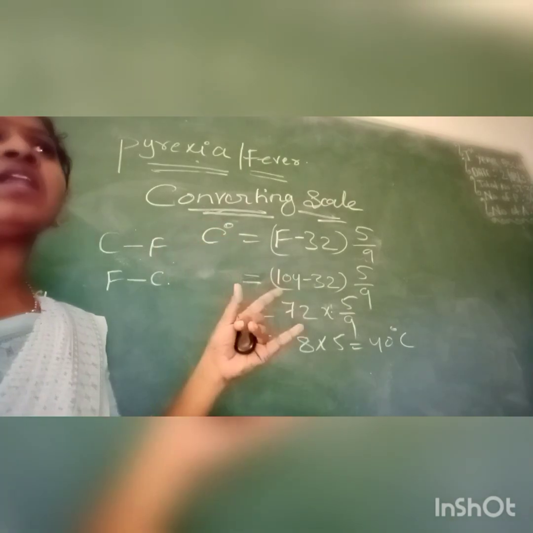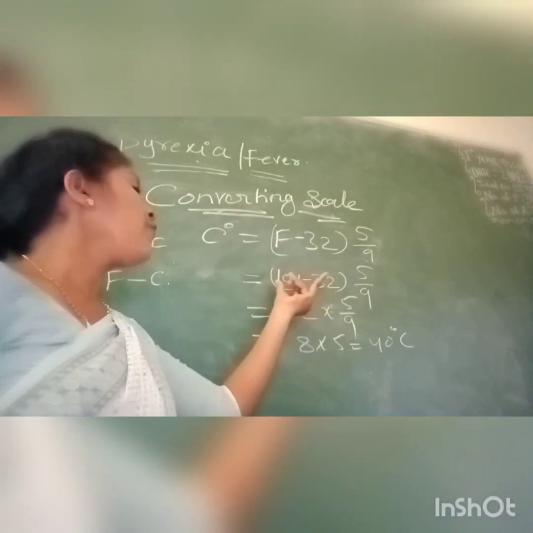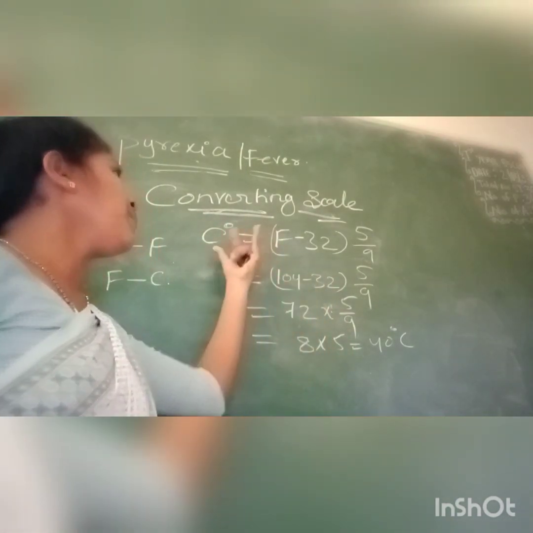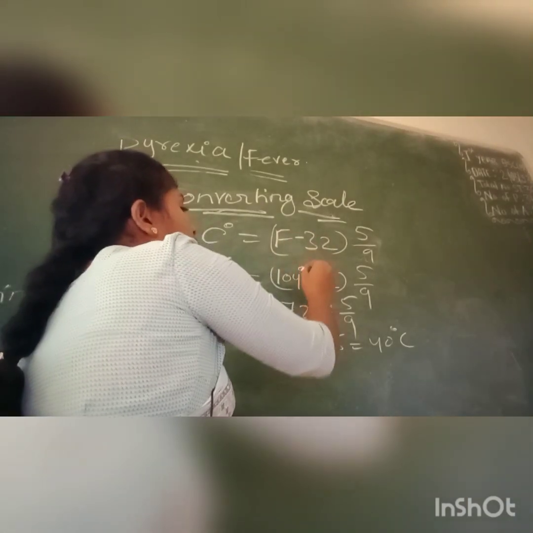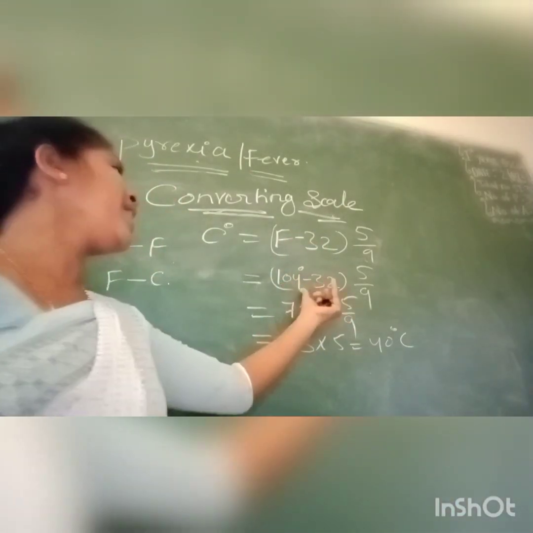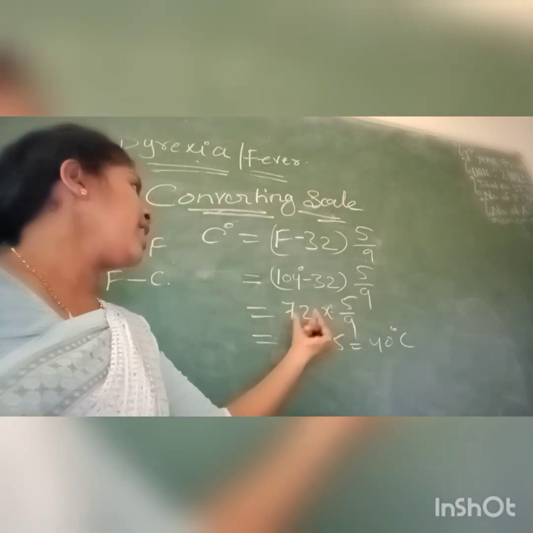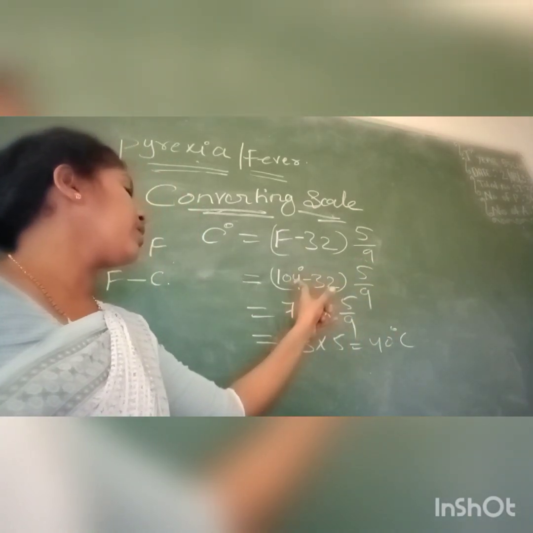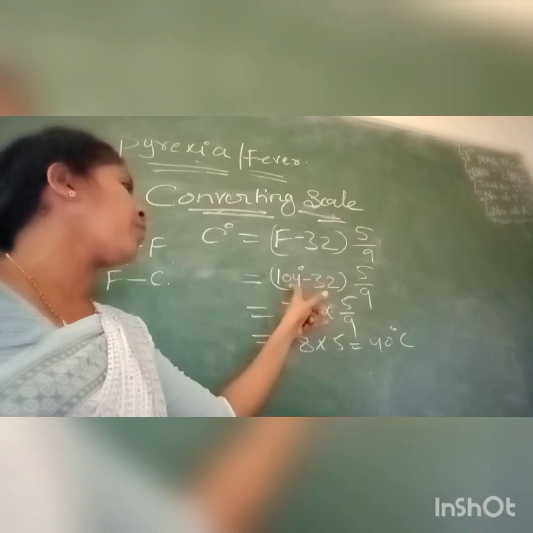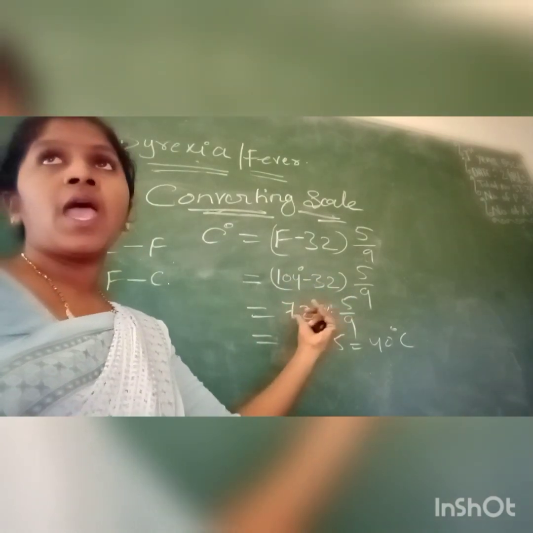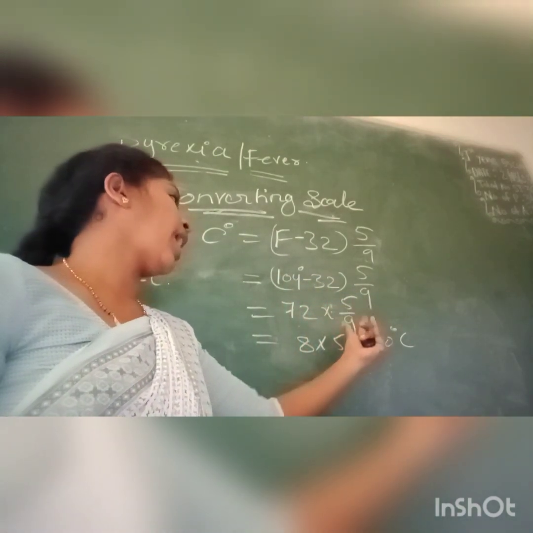Let us see one solution. If the body temperature is 104 degrees Fahrenheit, minus 32 into 5 by 9. If we deduct 32 from 104, we get 72, and 72 into 5 by 9.